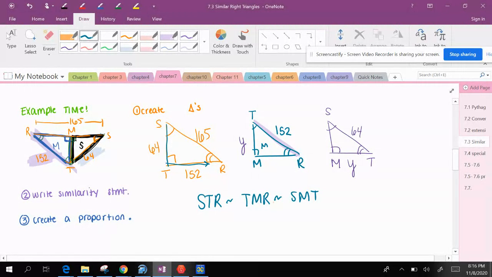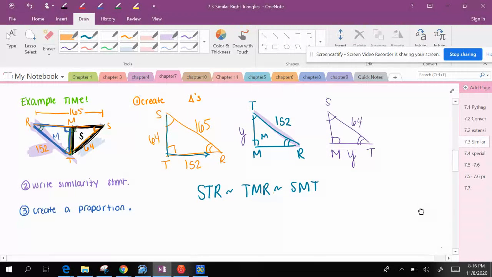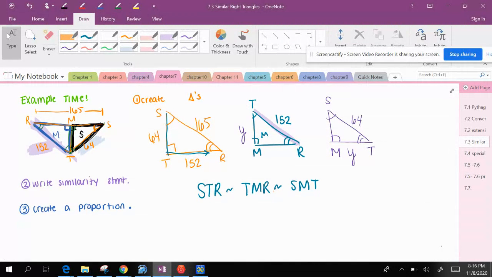Now we want to create a proportion. I want us all to be on the same page. Which triangle has all three sides given, like they all have a numeric value? The large one, right? So the large one is the one we're going to be equaling our variable to.